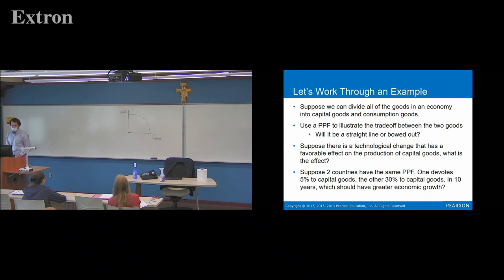Why is that bowed? That's a good question. I'm trying to think. Because it's not different resources involved between work and leisure.